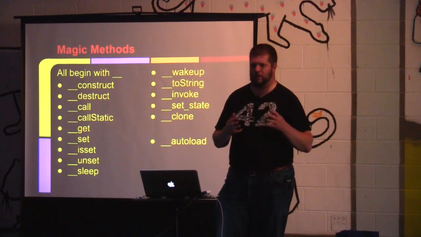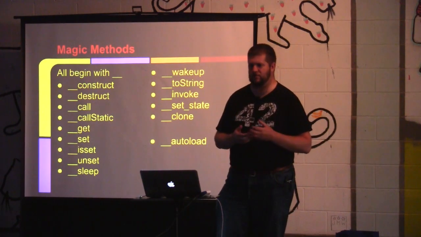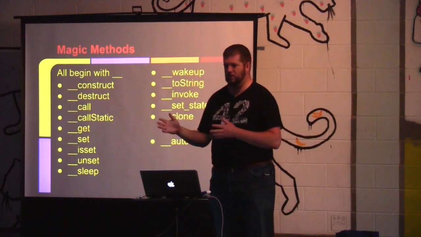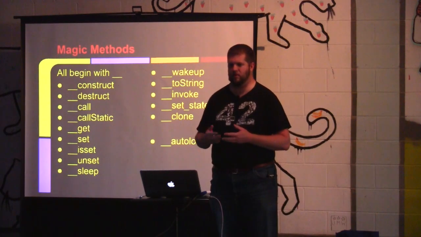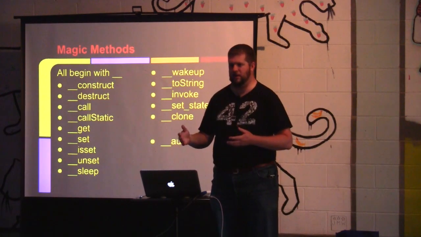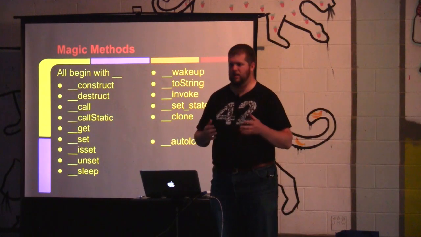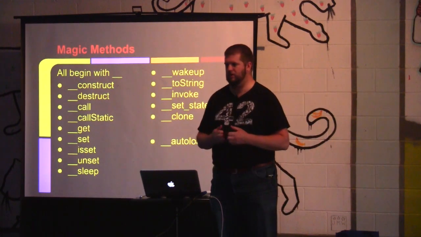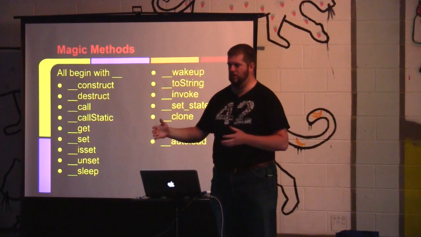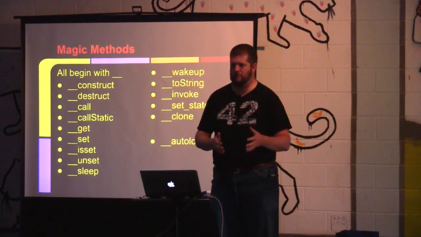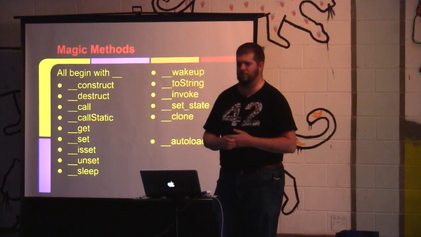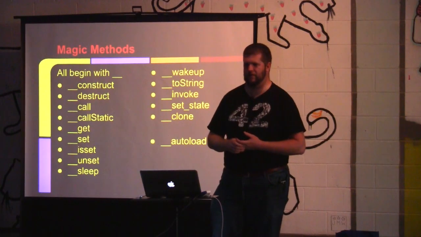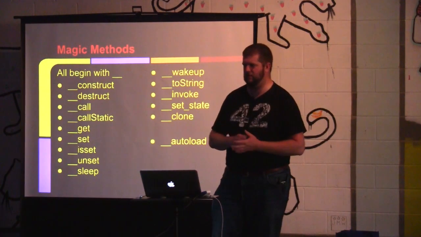So it'll get the primitives, like the scalar types, integers and strings and floats and so on, and those all are their own instance anyway, but if you had another object inside that class that you're referring to, it doesn't go and clone that by default. So if you tell it in the magic clone method to go ahead and clone this object as well, now your new cloned object will have a new cloned object that matches whatever it was that you cloned before. It's kind of a goofy explanation, but does that make sense?